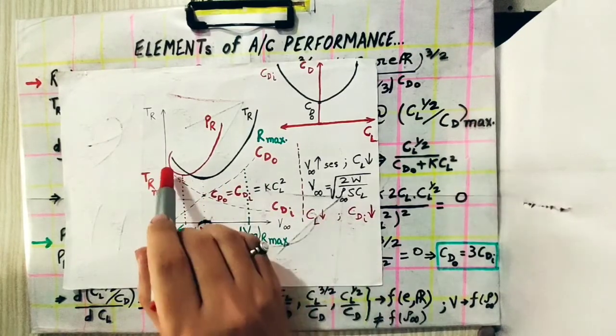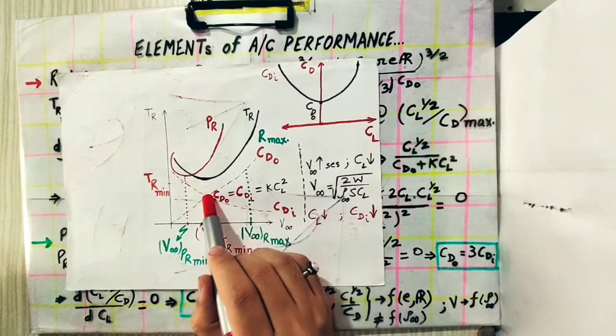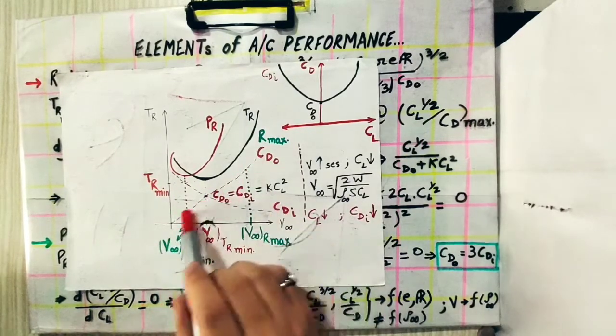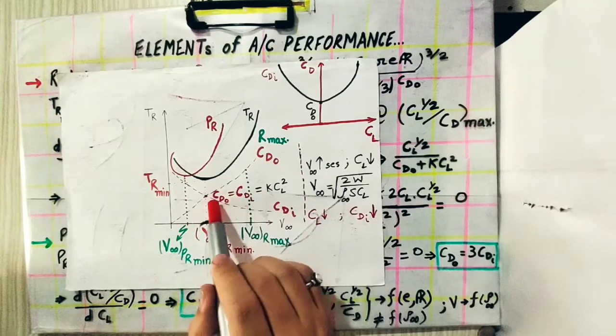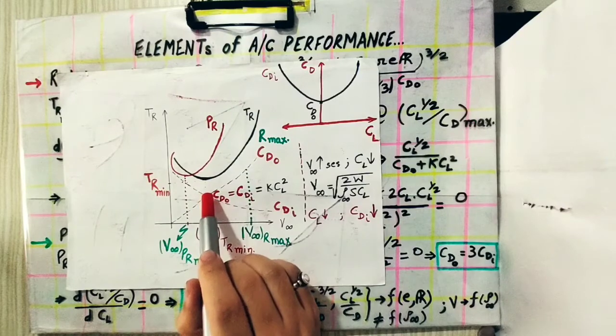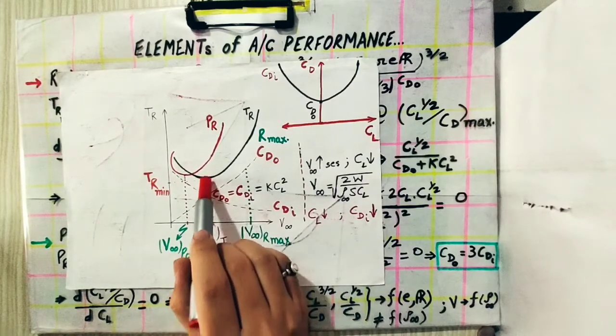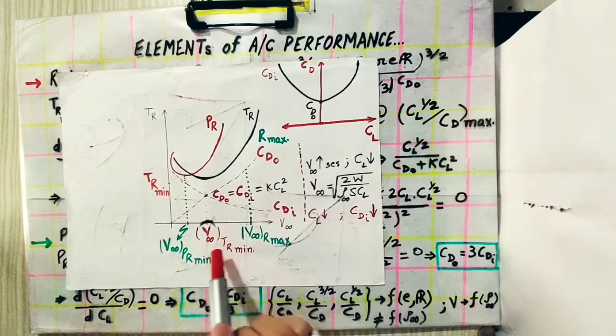Okay, so this is the thrust required for zero lift, which intersects at this point with the thrust required for the lifting parts, and it is the CD0 equal to CDI point. Okay, so they intersect at this point, which is CD0 equal to CDI, and it corresponds to the thrust minimum point, and at that point we have the velocity corresponding to thrust required minimum.